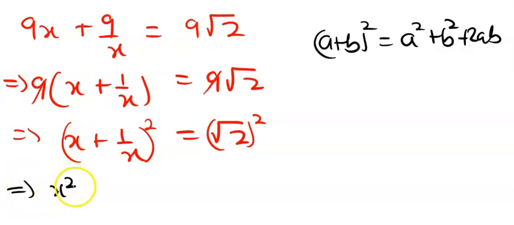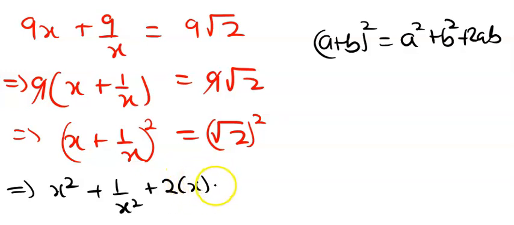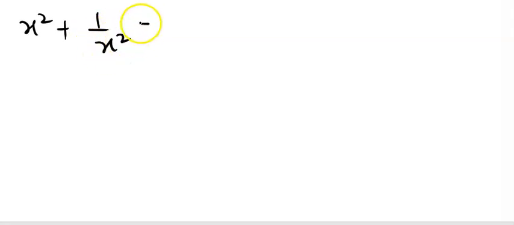So we have x squared plus 1 over x squared plus 2 times x times 1 over x, and this is equal to, when you square root 2 you get 2. So this x will cancel x, so we have x squared plus 1 over x squared plus 2 is equal to 2.